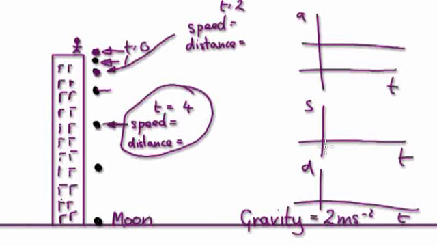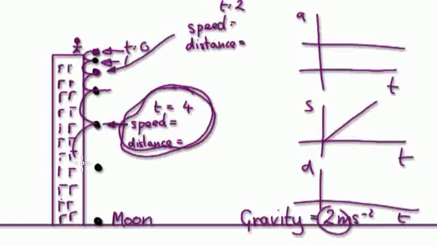The gradient, the speed will look something like this. And to find out the distance at t equals 4, remember, if you have an acceleration of 2 meters per second squared, it means the speed increases by 2 every second. Okay. Well, the hard part is finding out the distance.